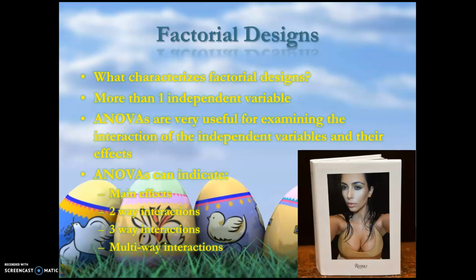Right? And you might be wondering why that risque picture of Kim Kardashian on the bottom right. What I would argue is Kim Kardashian because that's just who she is? I would actually argue that it's a factorial design. There's an interaction effect going on here, right? She was born to a famous person, right? Is one factor.